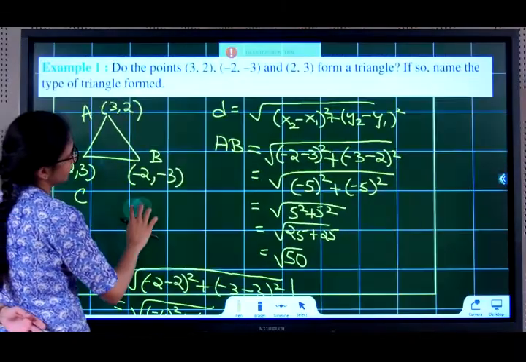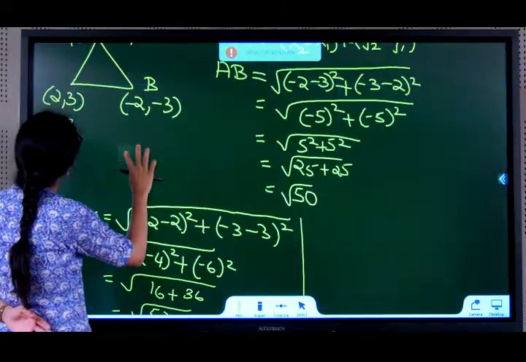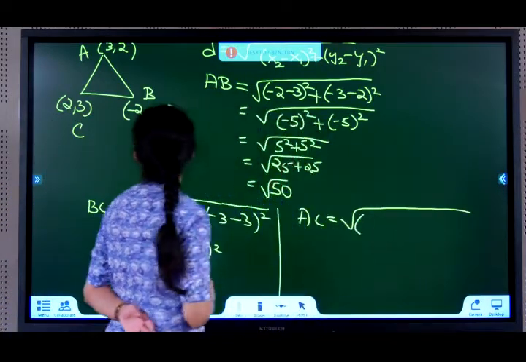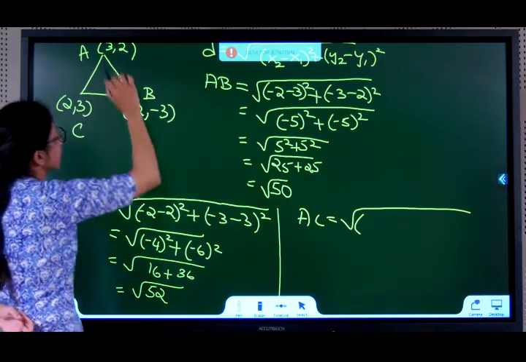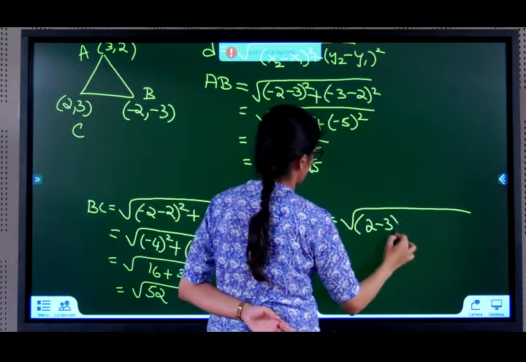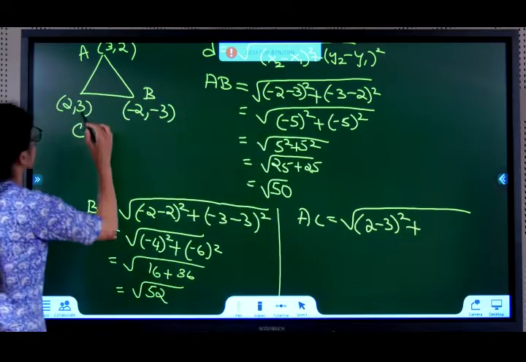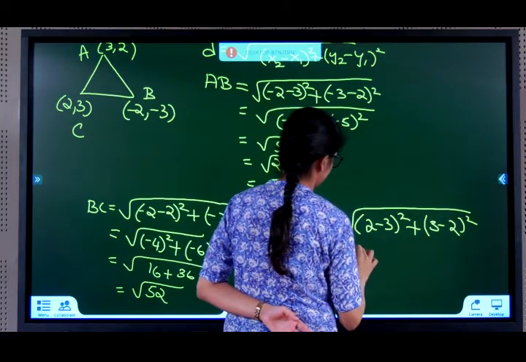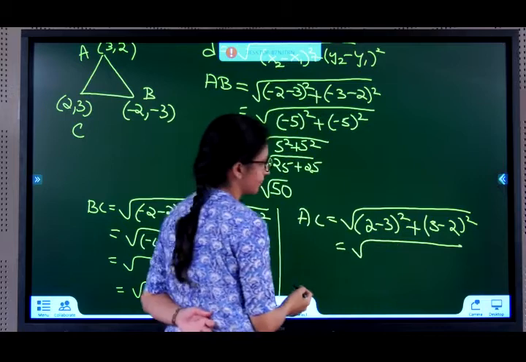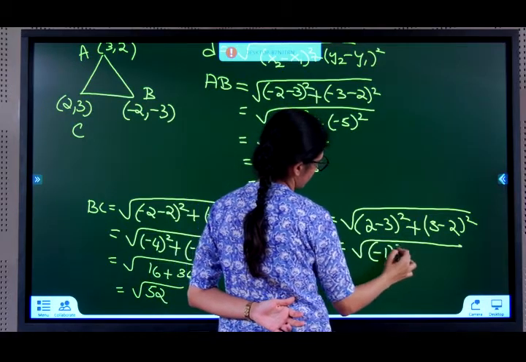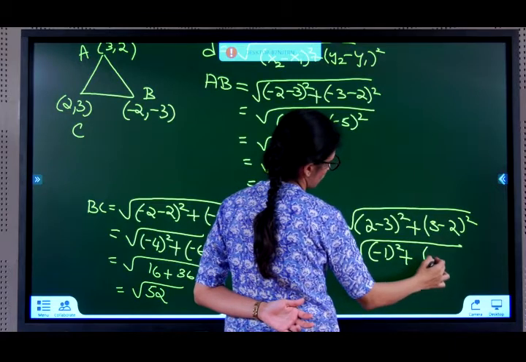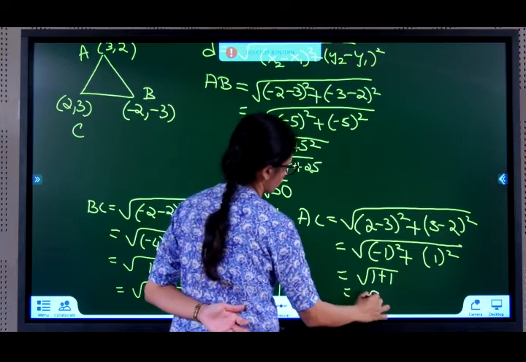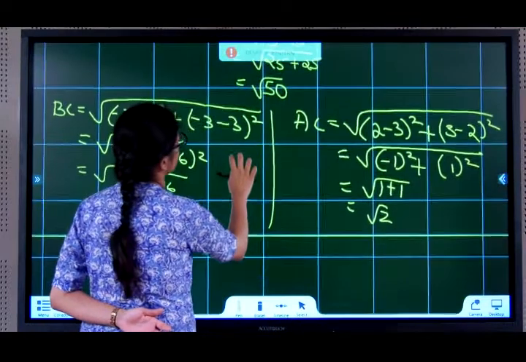Now, we have to find AC. Root of (2 minus 3) the whole square plus (3 minus 2) the whole square. 2 minus 3 is minus 1, the whole square 1, plus 3 minus 2 is 1, the whole square 1, root 2.